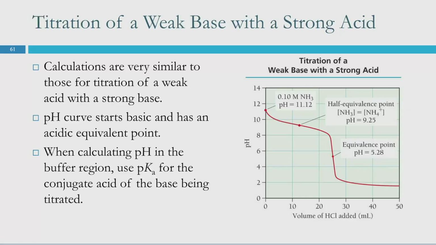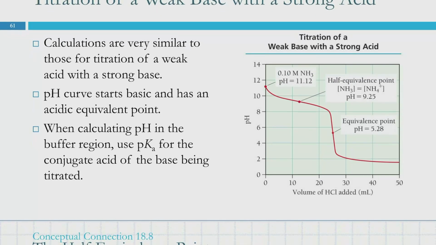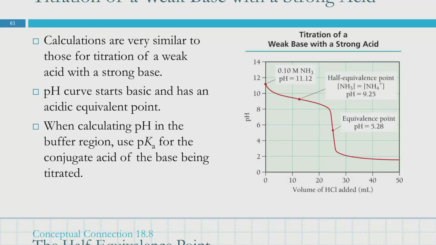That'll be kind of what dominates in the solution, and then as soon as we add a little bit more acid, that's going to take over, and then it's just the normal acid behavior. We can also use the half equivalence point to find pH and pKa for the conjugate acid. We can do stuff with that in there as well with our Henderson-Hasselbalch.